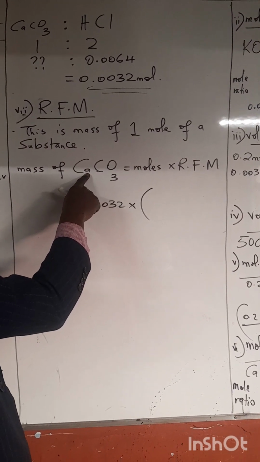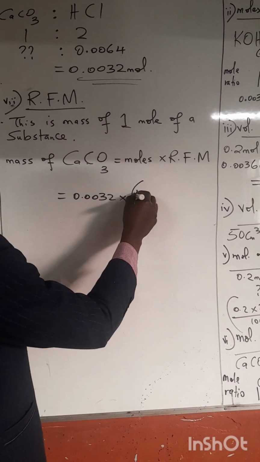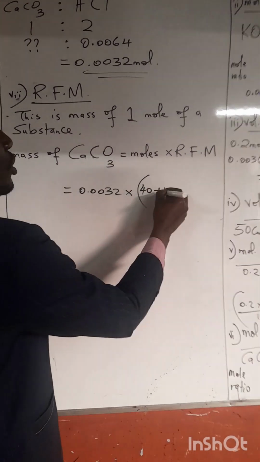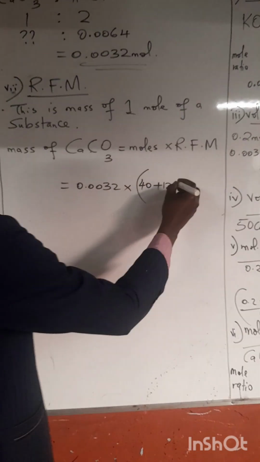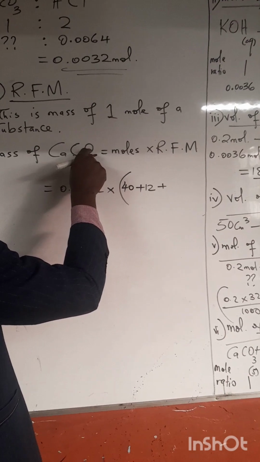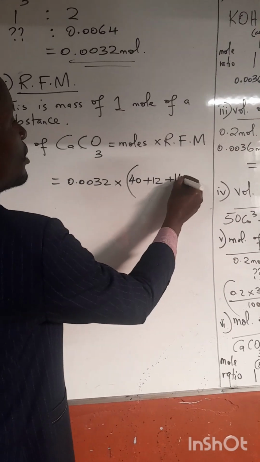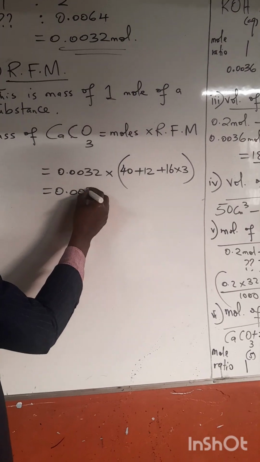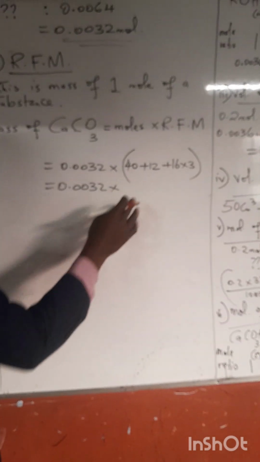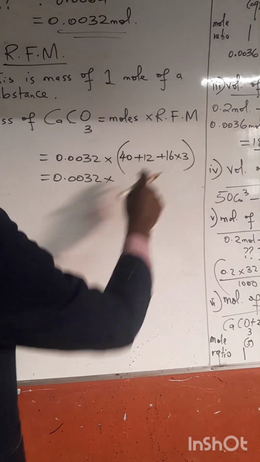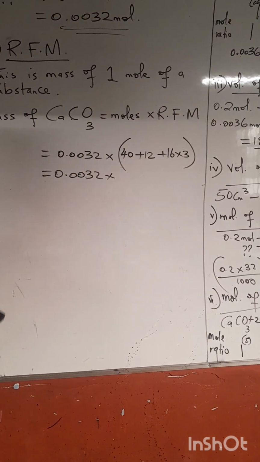Calcium has a mass of 40 grams per mole. Carbon has a mass of 12 grams per mole. And oxygen has a mass of 16 grams per mole, and there are 3. So we multiply by 3. What do you get? Work out 40 plus 12 plus this one is 48. 100.